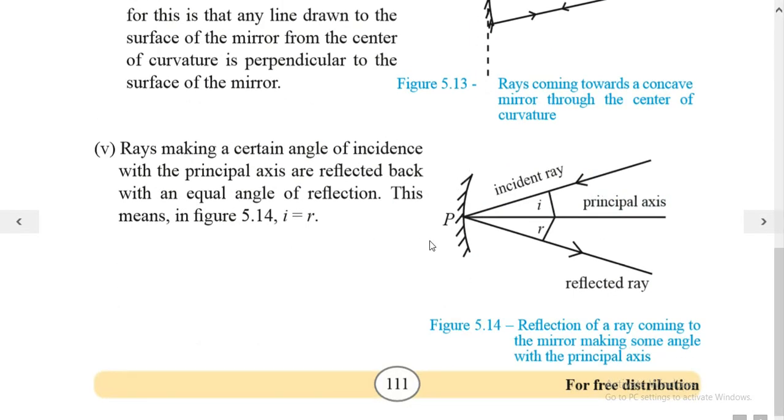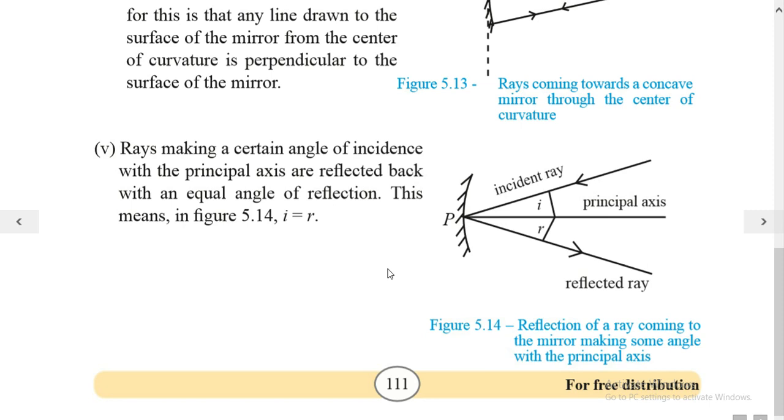We can also discuss the convex mirror. Now consider day-to-day applications of concave mirrors, especially dentists. Dentists use concave mirrors to check the teeth in our mouth, because using a concave mirror we can get enlarged images of the portion of the object.